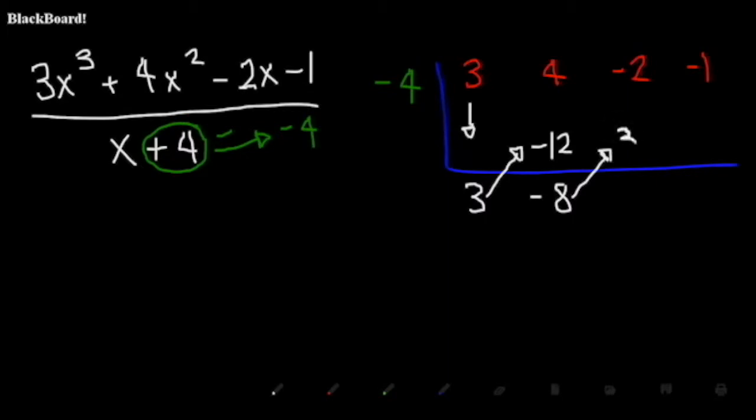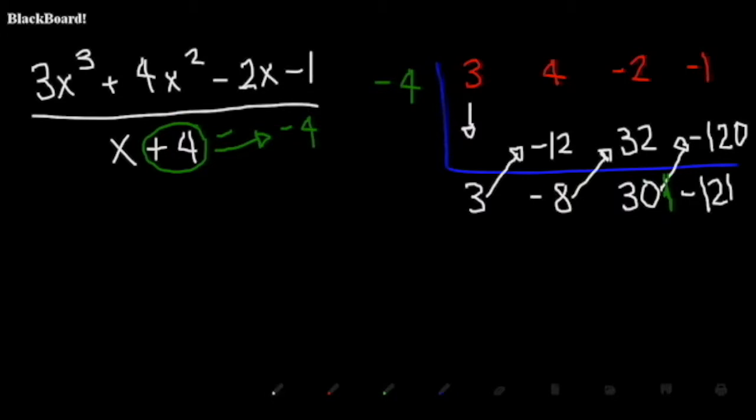Then you place down the answers, and then you add them again, and then you multiply it by negative 4 as you please. After you're done that, your last value, which is going to be negative 121 in this case, will be your remainder. If you get 0, that means you have no remainder, and you should continue on.